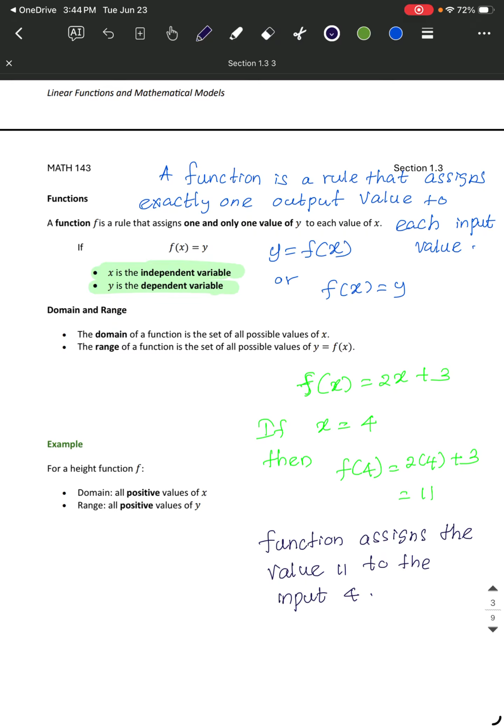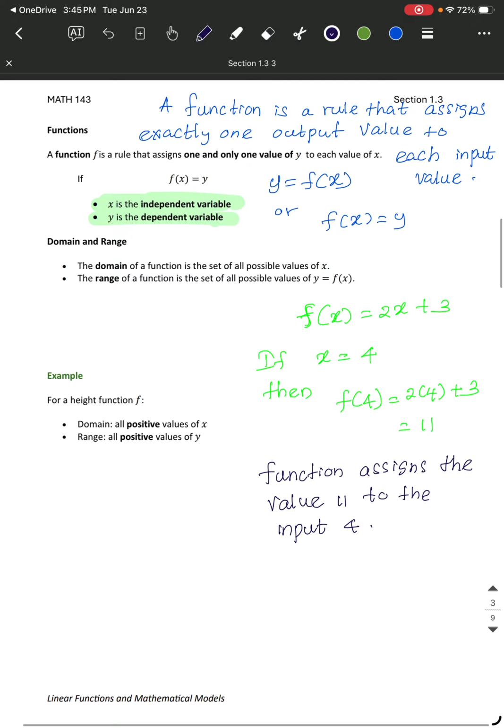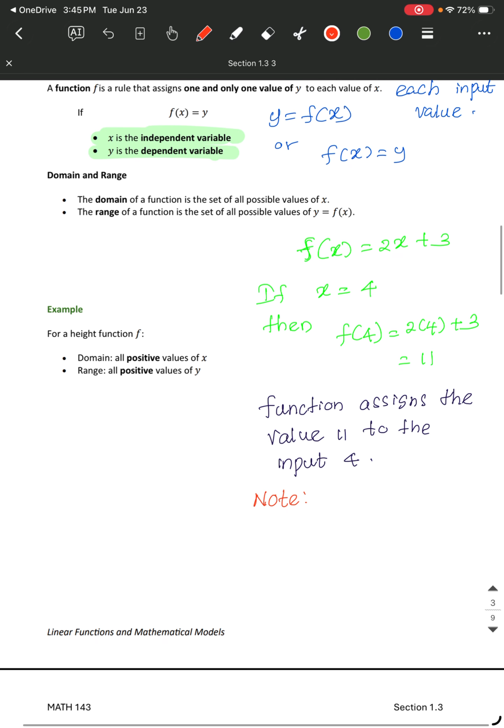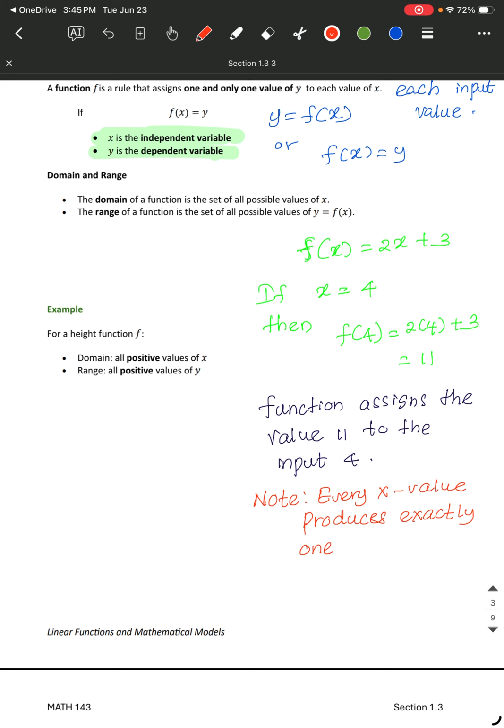Notice that every x value produces exactly one y value.